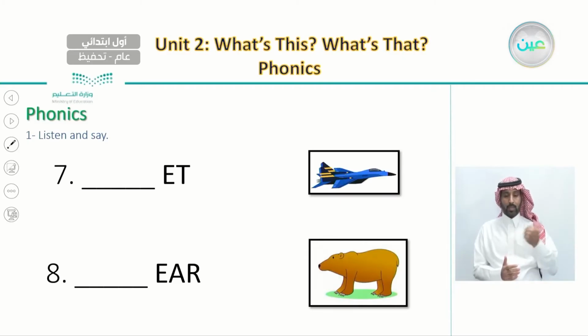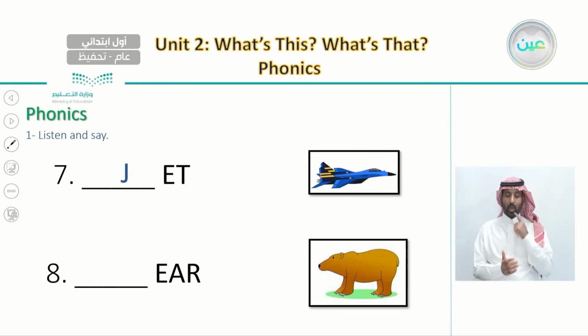Number 7, J say jet. So here we have letter J. We pronounce it as jet. Jet. This is a jet.